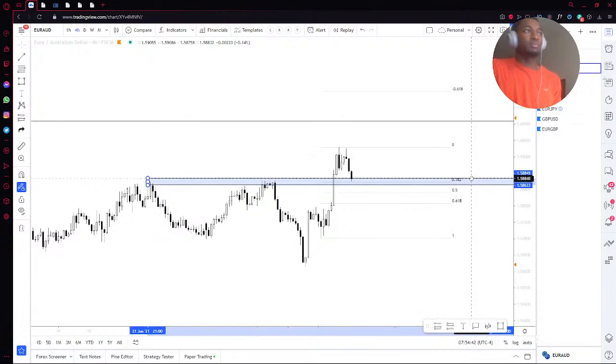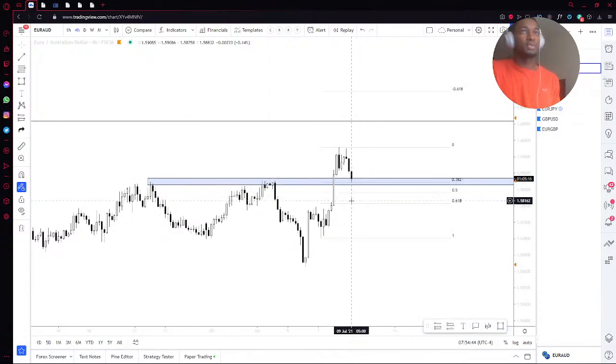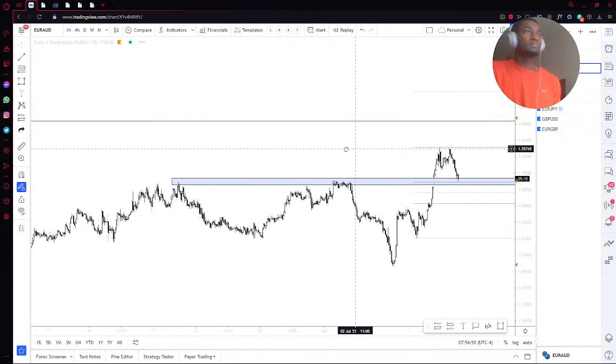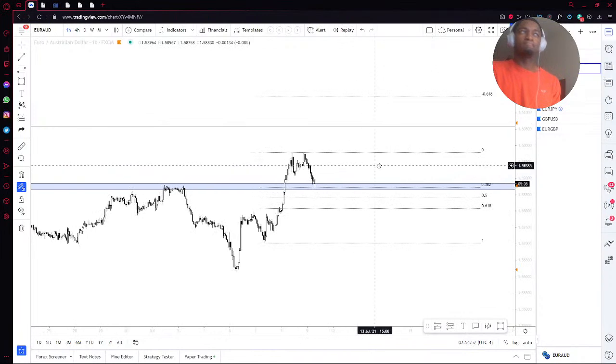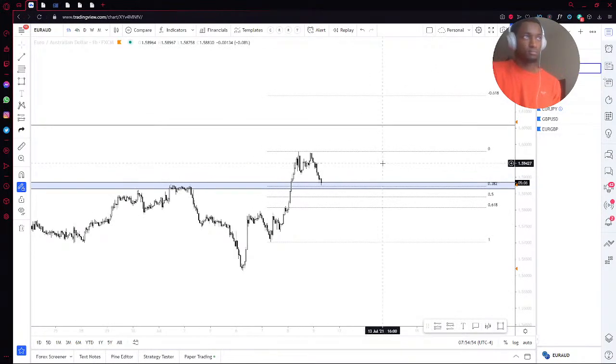It's actually pretty much already there. I need it to dip a little bit lower. So the 1 hour kind of puts me off this setup.